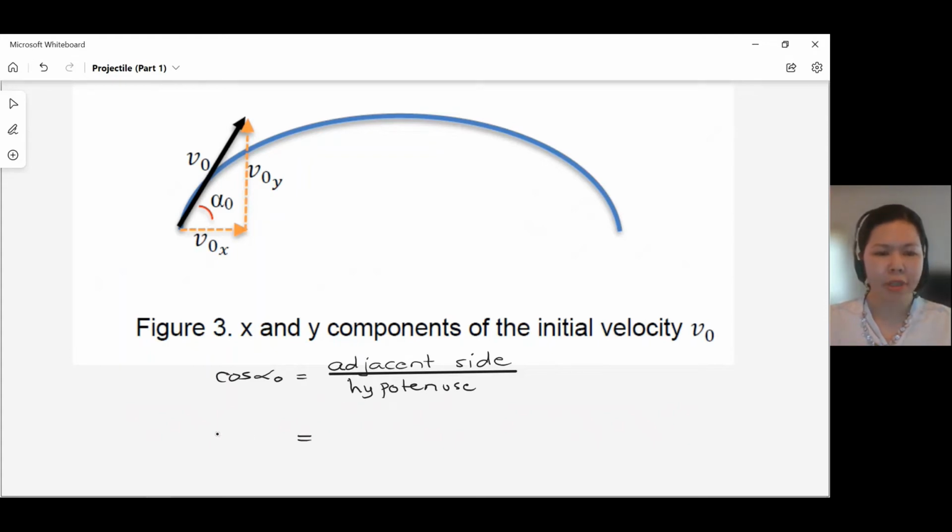So we have cosine alpha o, looking at the figure, adjacent side of alpha sub o is our v naught x, not the v naught because that's the hypotenuse, the longest side of the right triangle. So it is the v naught x over hypotenuse, the v naught.